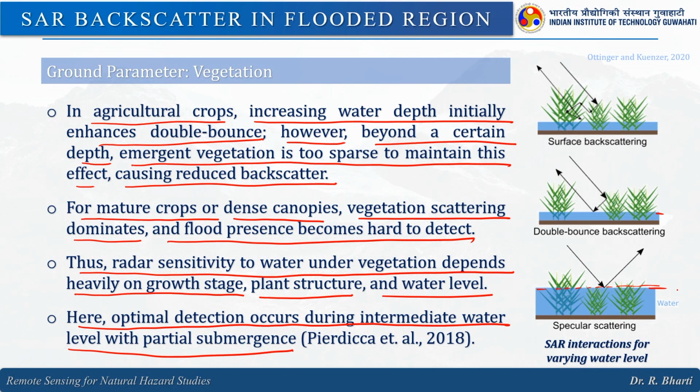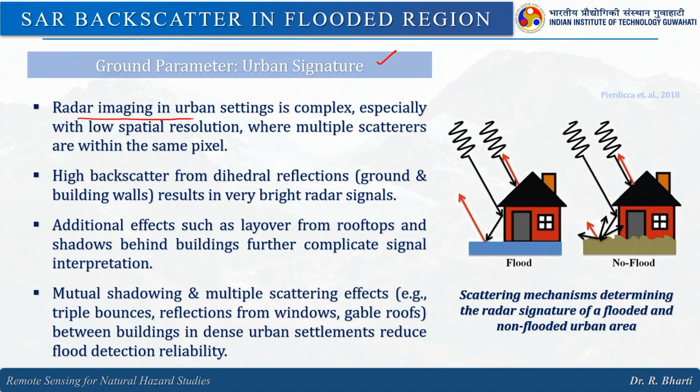Then we will see how the urban structures are confusing the whole estimation. The radar imaging in an urban setting is complex, especially with low spatial resolution, because if the spatial resolution is low, the whole building or two buildings will be in one pixel. In such a situation, it will be very hard to detect. High backscattering from dihedral reflection, which is from ground and building walls, results in very bright radar signals.